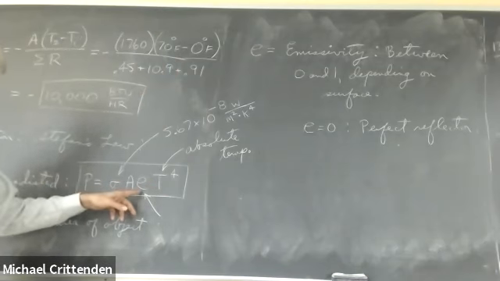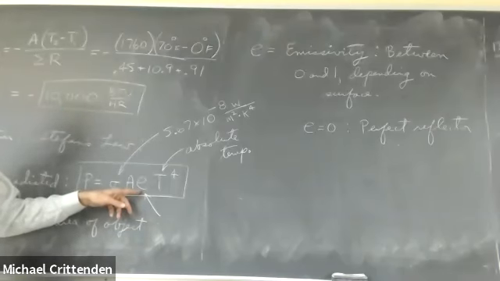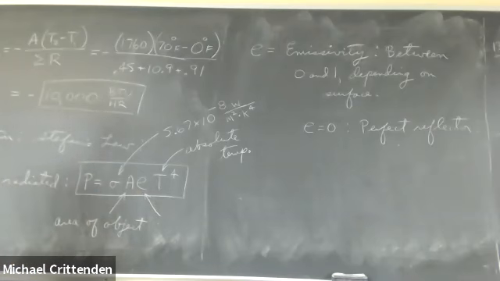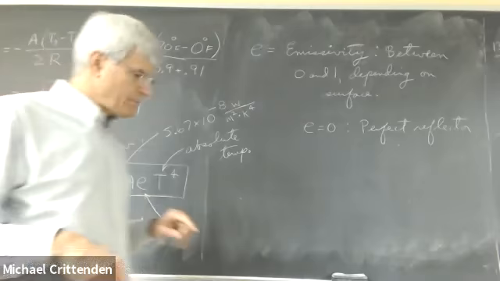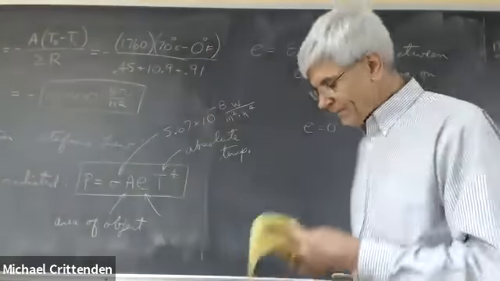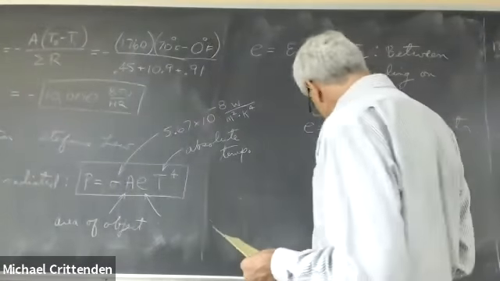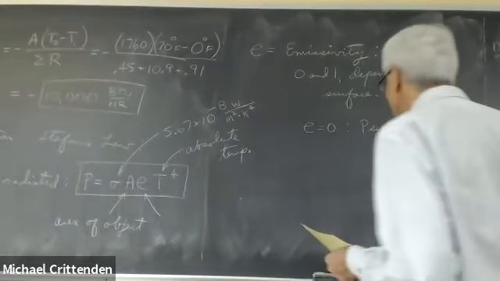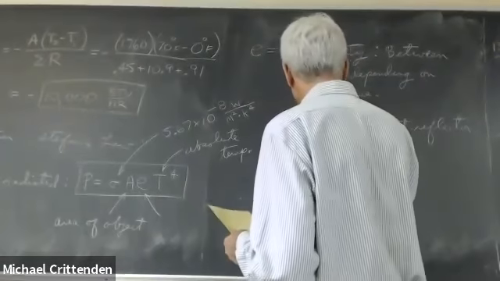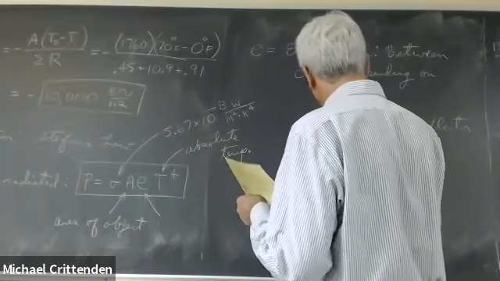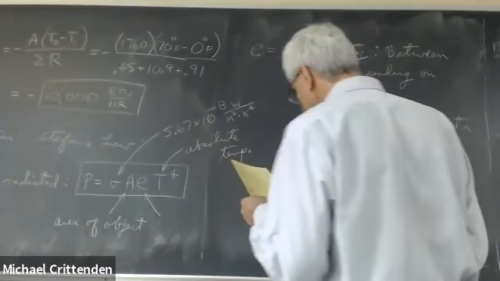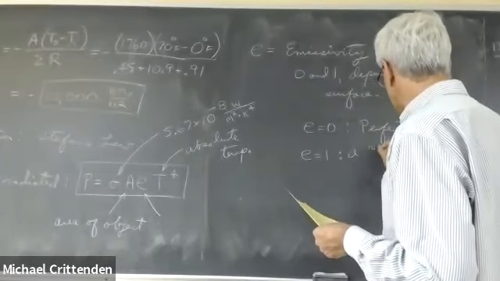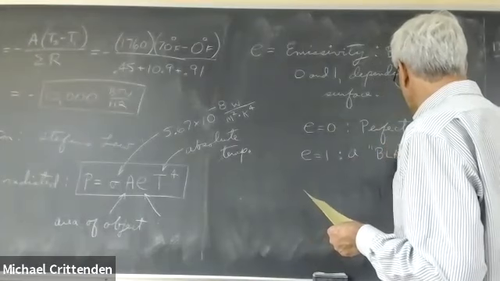Real mirrors would have point something fairly small for their emissivity, but some would escape. The opposite extreme, E equals 1, is called a black body.